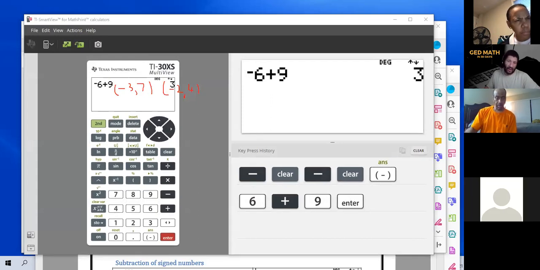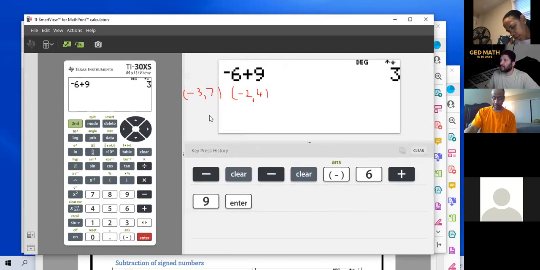How would I use my calculator to solve this problem? Does anybody know how I would use my calculator to solve this problem? Can anybody help me? So you would do the parentheses, right?